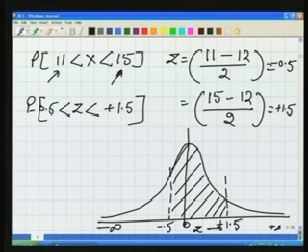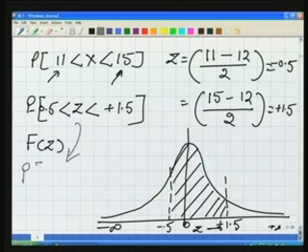How do we find it? By making use of the table that we have just seen. In the table, the values that are given to you are only F of z. Well, in order to make use of this, we can write this as the probability that this shaded area is the total area.